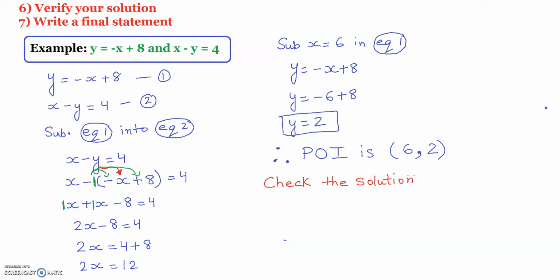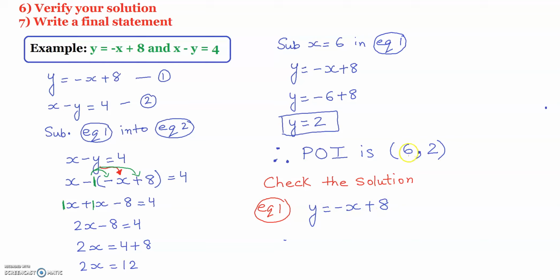In order to verify the solution, I will substitute the value of x, which is 6, and y, which is 2, into both of the equations. So let's write equation number 1, which is y equals negative x plus 8.